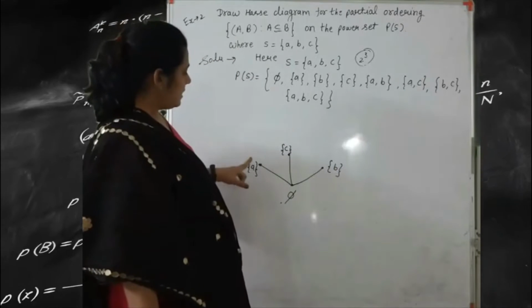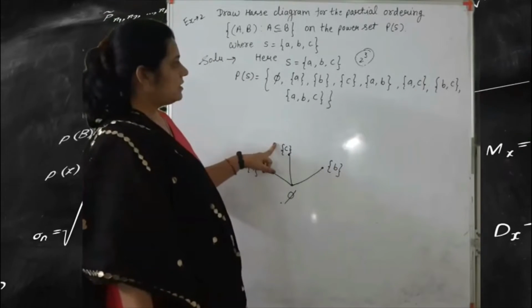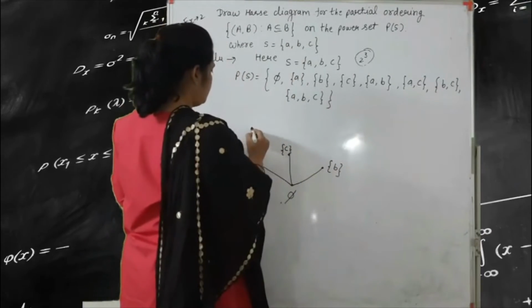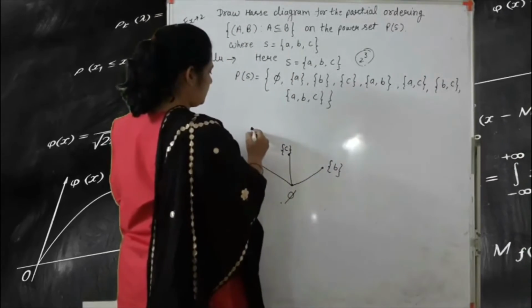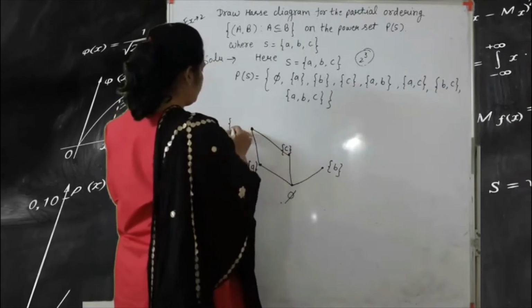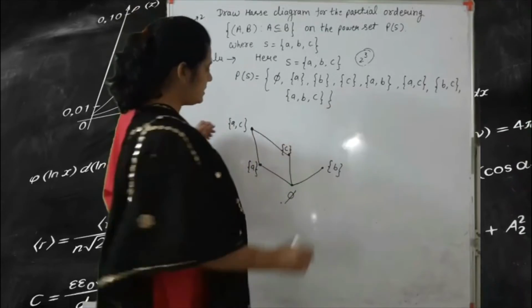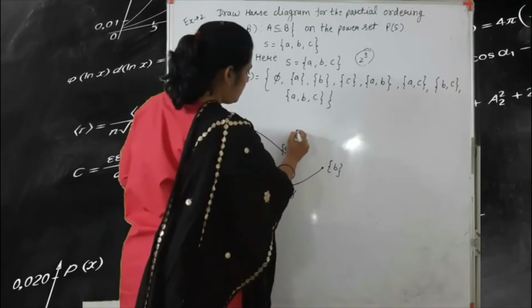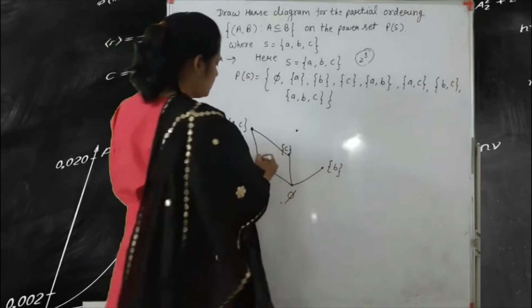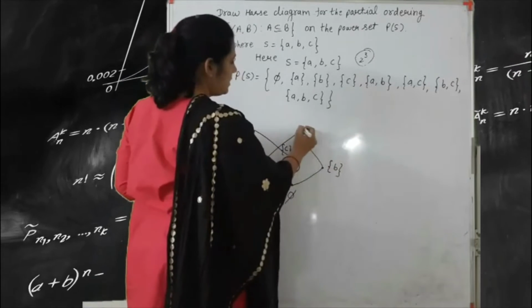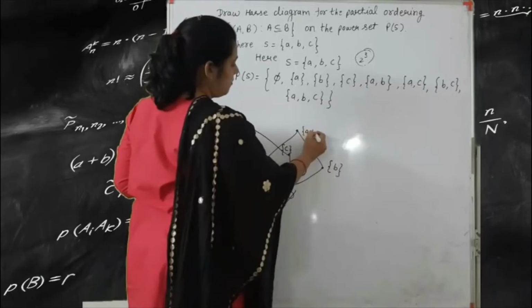Next is AC. Here we write A comma C. Okay. Next one is A comma B. So here this is your A and this is your B. Okay. So we write here A comma B.